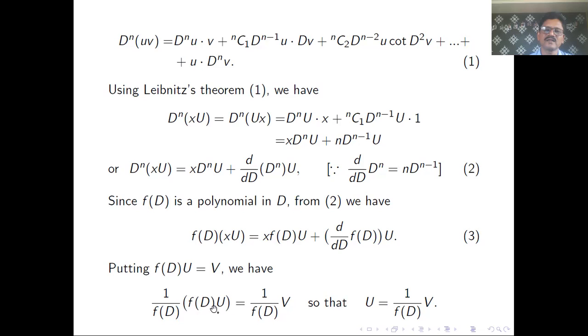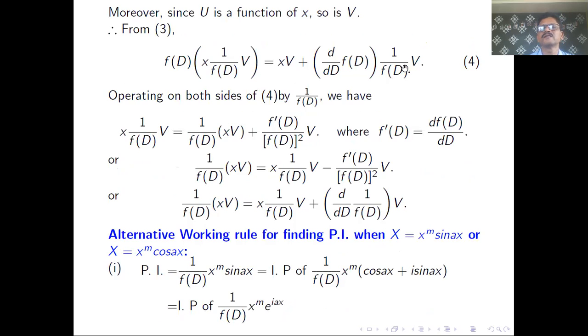So after this step, you replace f of D into u by v, and wherever u is present, you replace this u by 1 upon f of D into v, and you rewrite this equation 3. So you will get equation 3 like this.